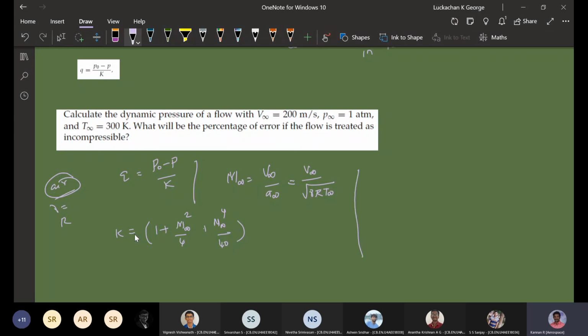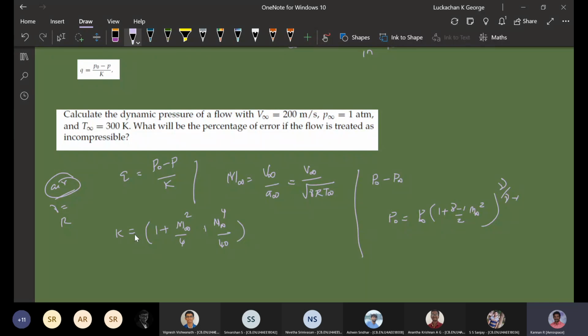Now you know P naught minus P infinity. Your P naught is equal to P into (1 plus (gamma minus 1) by 2 M infinity square) to the power gamma by gamma minus 1. Using this, you can find your P naught, and P is nothing but your P infinity.